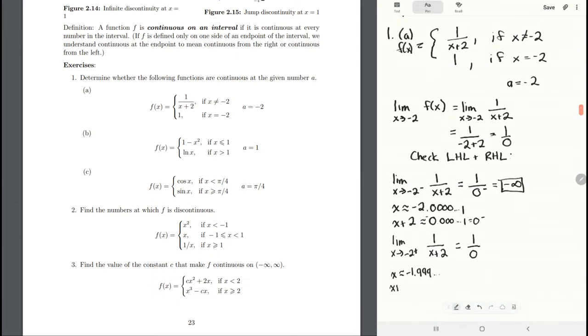If we add 2 to this value, we get a very small positive number, so this will be 0 plus. So we have 1 over a very small positive number, and this will go to positive infinity.